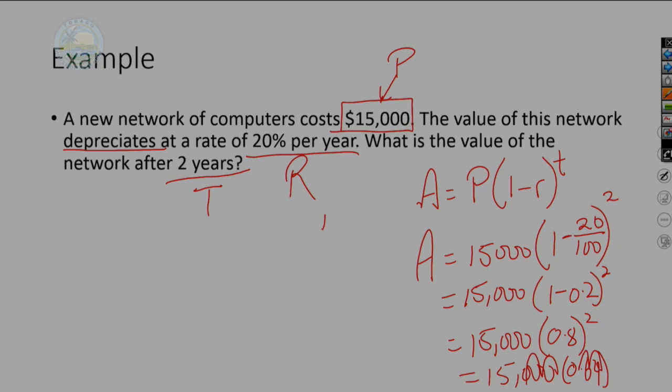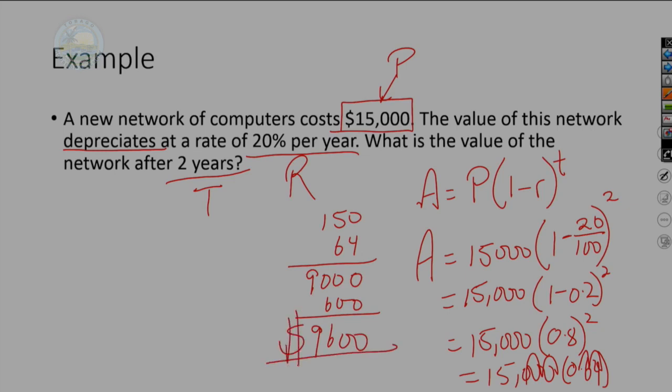That's 150 times 64, which is 9,000 plus 600, so 9,600. So the amount the network is going to be worth after 2 years is $9,600. It lost a lot of its value.